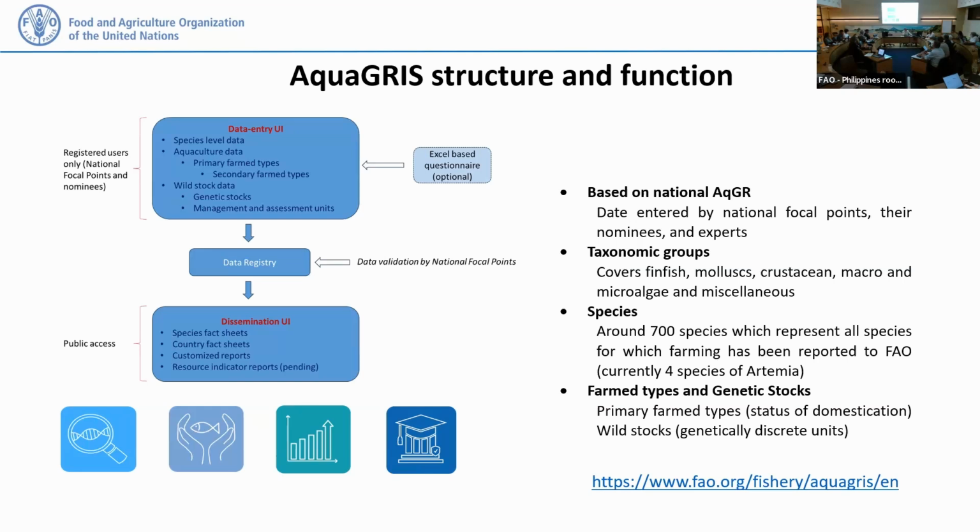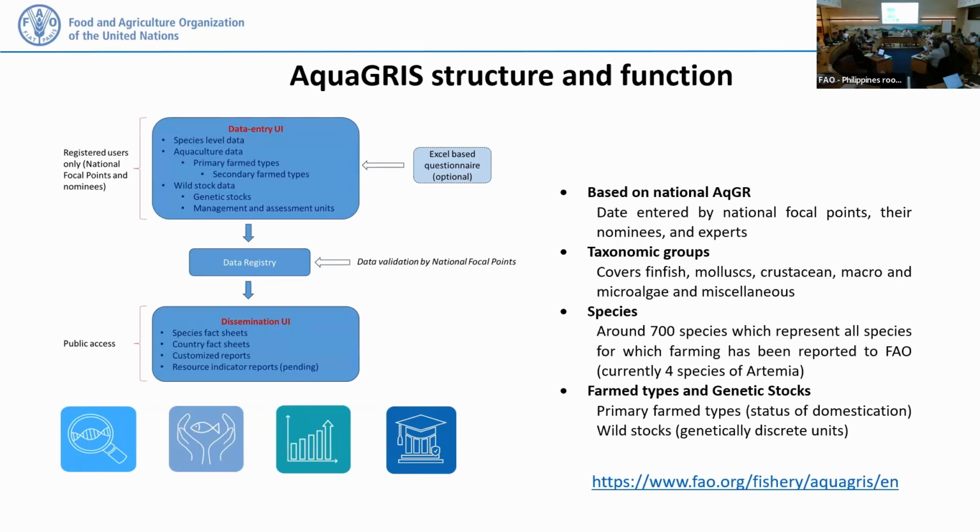But essentially, the data entry user interface is where experts who have the knowledge about genetic resources will enter the information. Because we are FAO and we have to work with official government representatives, we have in many countries a national focal point. And that national focal point is our key contact for entering information about any country.